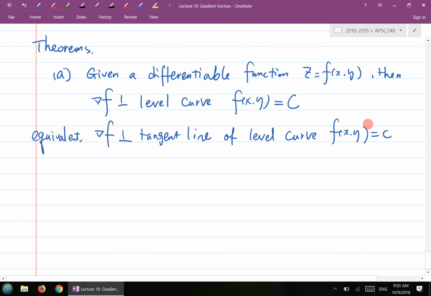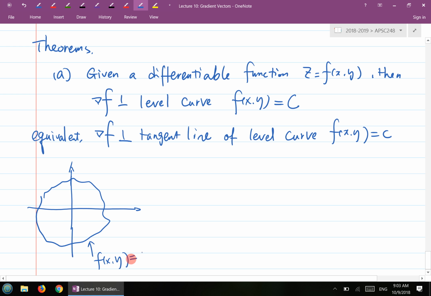What this means basically, here's what I'm going to try to prove. Let's say I have a level curve, and this is your f of x, y equal to c. It can be a simple circle, it can be any arbitrary shape. So here's the level curve.